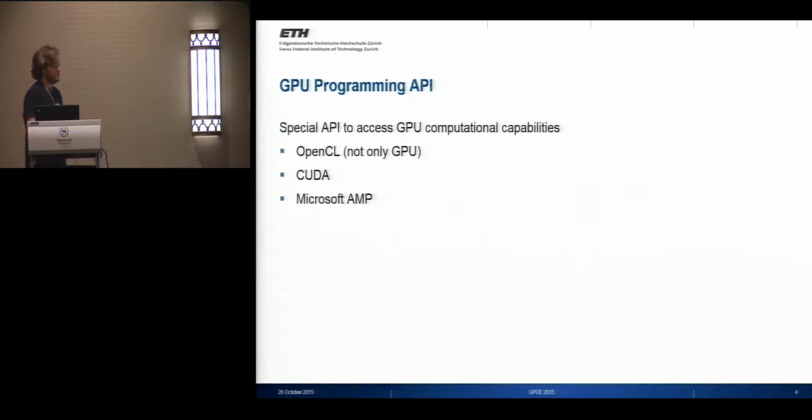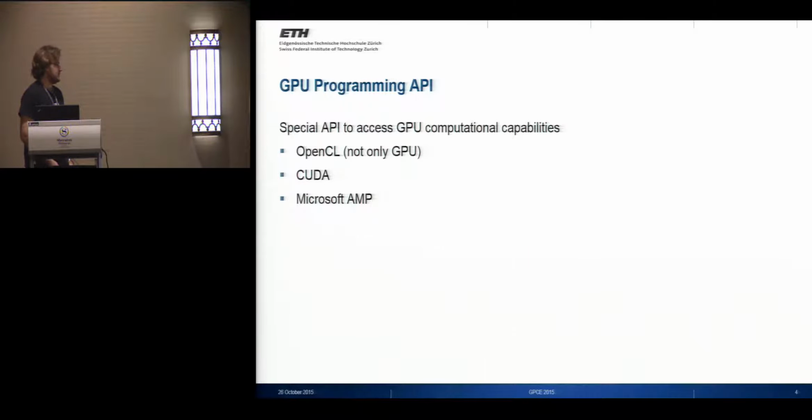The problem is that if you want to even approach GPU computing, you have to use a very specialized API. There are two main languages out there. It's OpenCL that can be used not only for GPU computing, but for any accelerated computing, and CUDA that works only for NVIDIA cards.